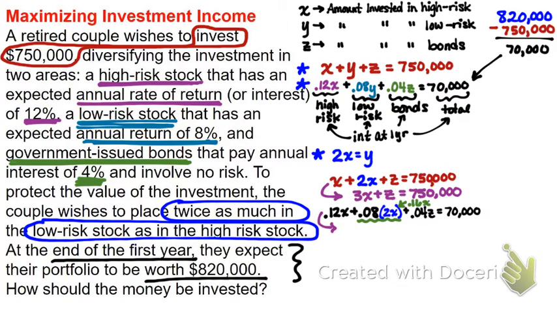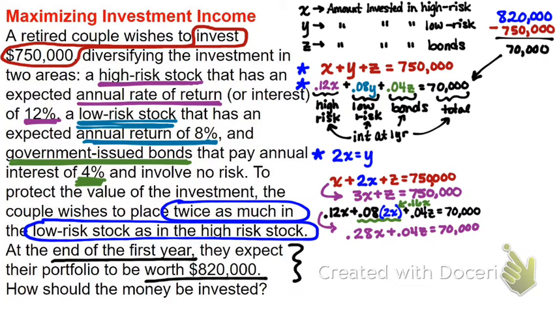Yes. We're going to have 0.28x, because when I multiply the 0.08 and the 2, I get 0.16, and then I combine that with the 0.12. So 0.28x plus 0.04z equals 70,000.